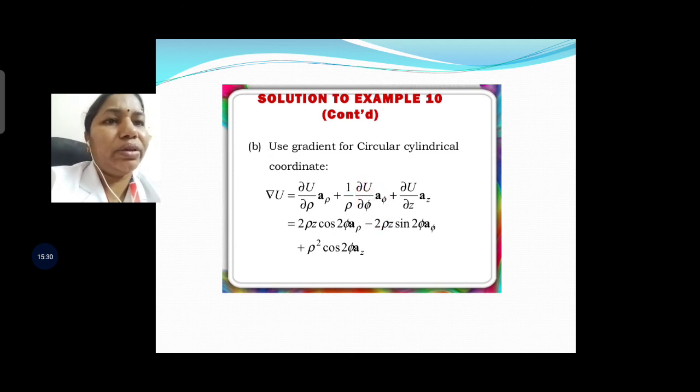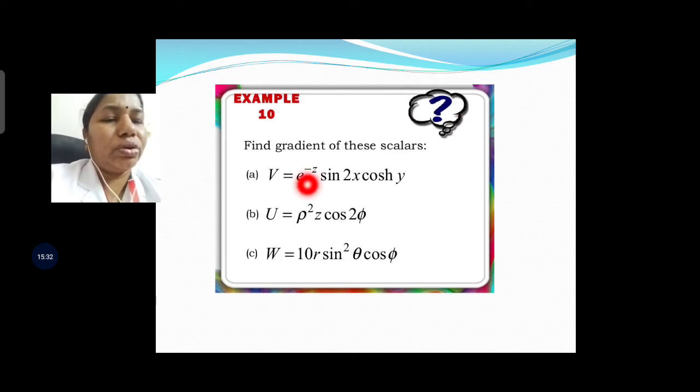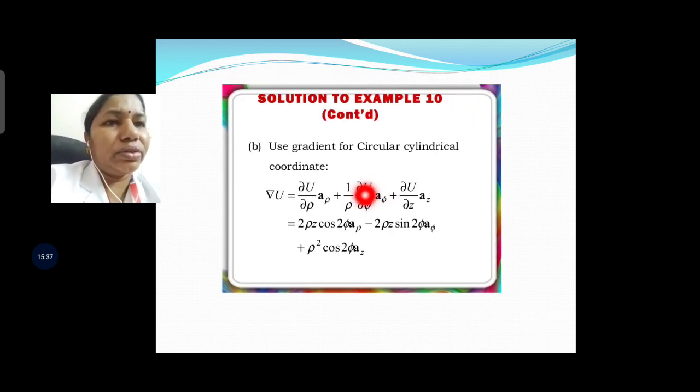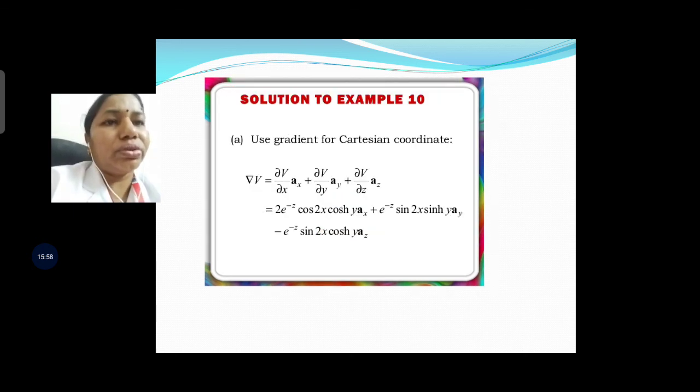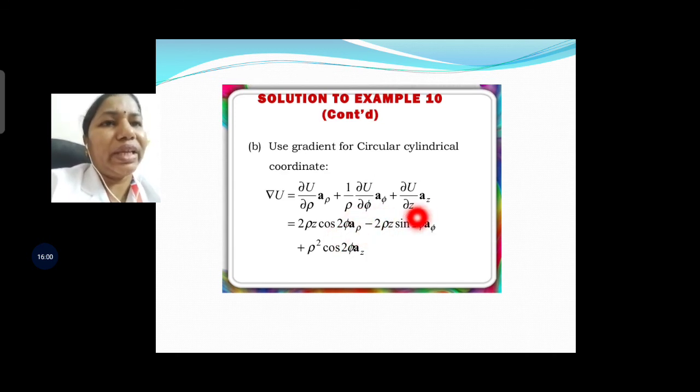Rho square z sin 2 phi: rho and rho cancel, remaining only one rho. So rho z cos 2 phi differentiates to minus sin 2 phi into 2. The next step, rho square cos 2 phi. For z, differentiating once with respect to z gives absolutely 1. So rho square cos 2 phi az. This is for the cylindrical coordinate system.